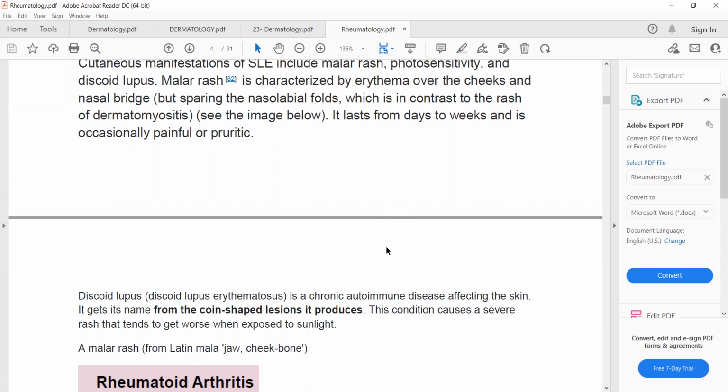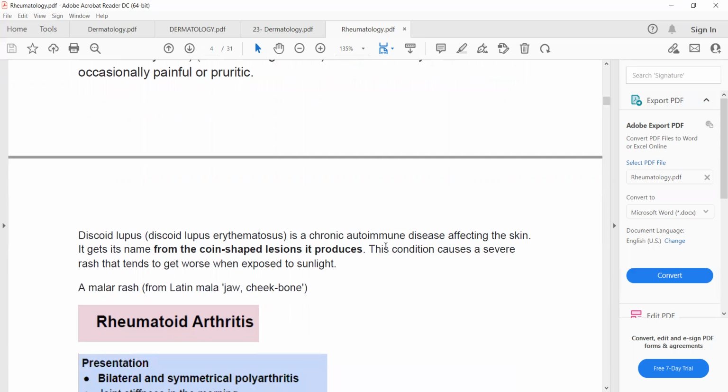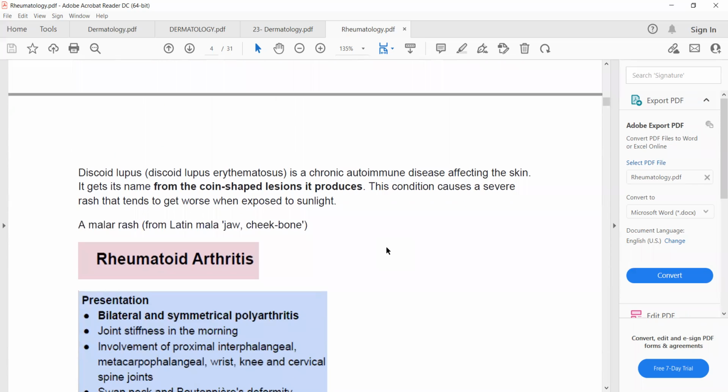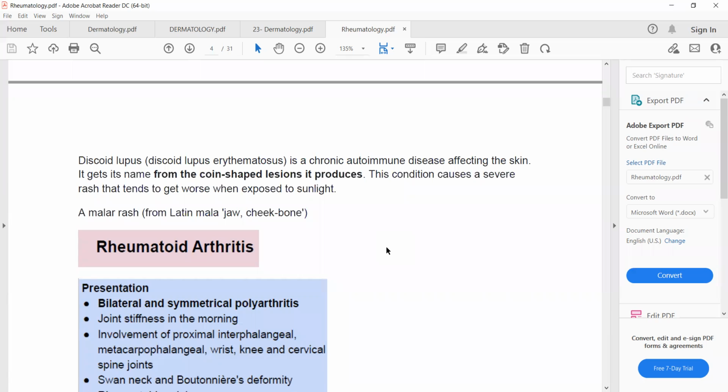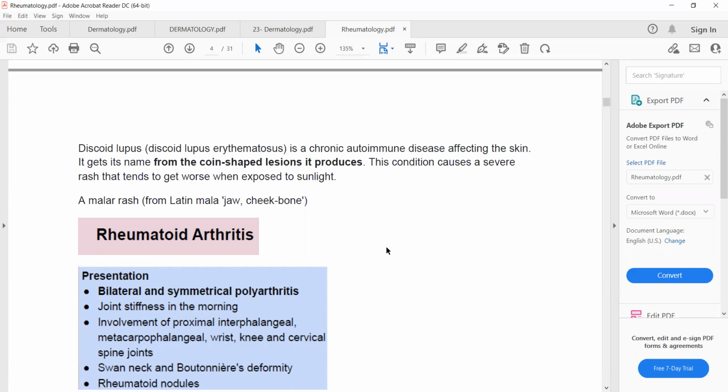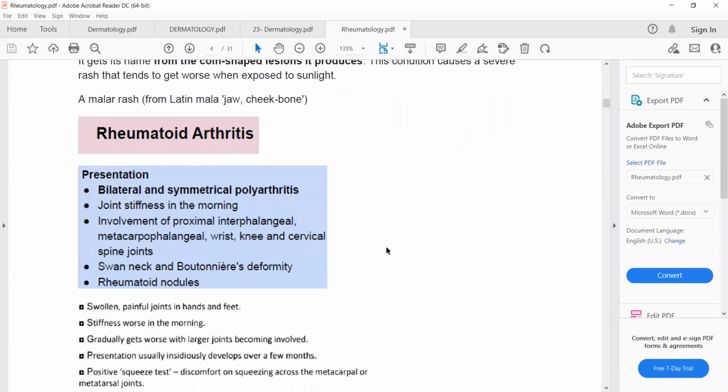So remember this point. And discoid lupus erythematosus is called discoid because disc-shaped lesions are produced on the areas that are exposed to sunlight.